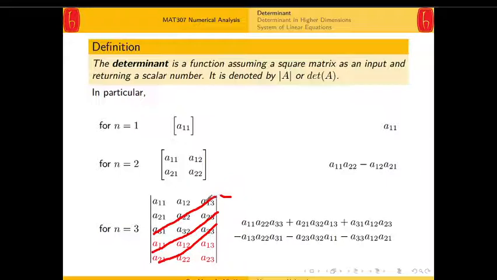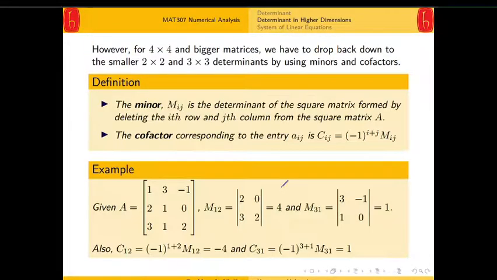So this will be A13, A22, A31 with a minus in front, and then we will continue like that. The last one will be A33, A12, and A21, which is here. Okay, so we find the determinant like that for three-dimensional matrices.